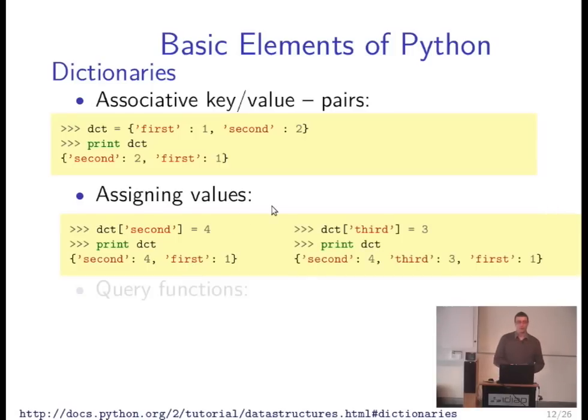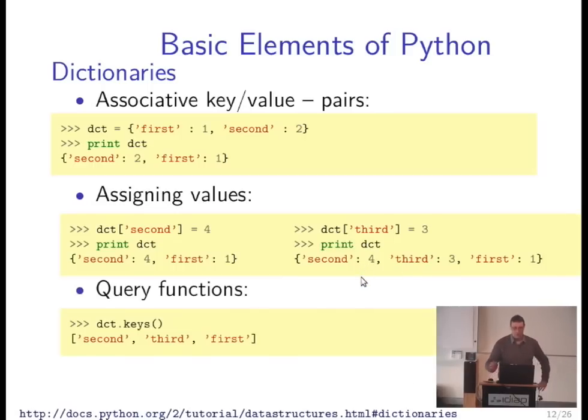And you can also simply add elements by choosing a key that has not been there before. So for example, third, you index it with third, you assign it a 3, and your dictionary will automatically grow. You can also remove elements, but I'm not talking about that today.